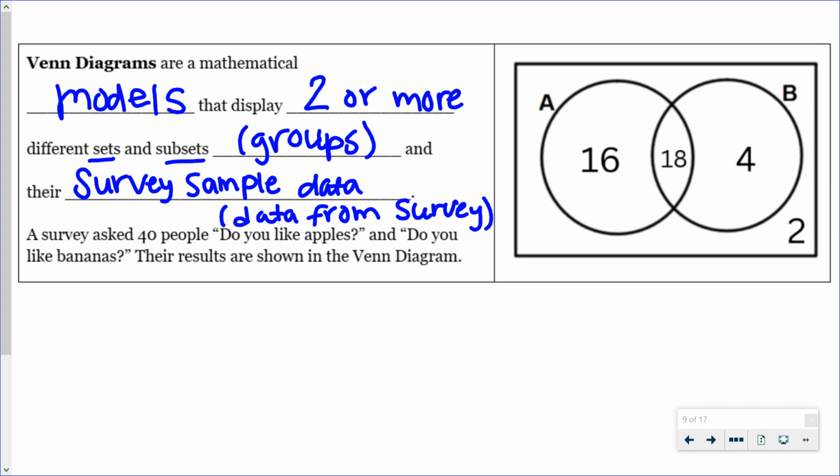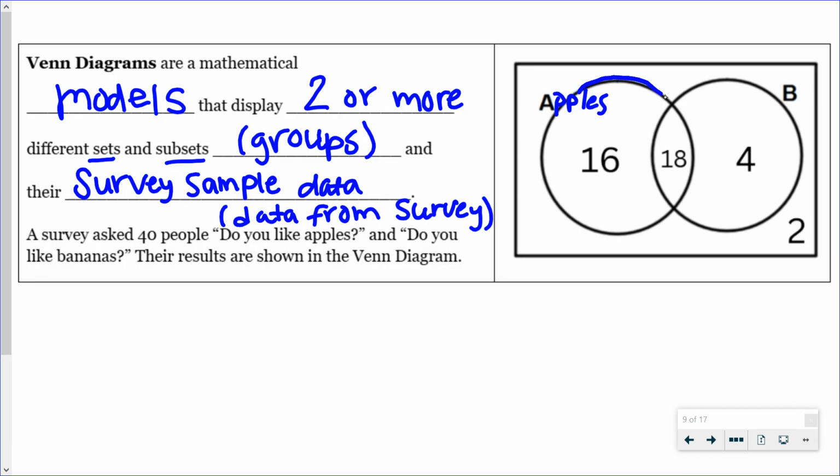Now, sometimes the survey can look more like an experiment, but often it's a question. So the examples we're going to give are using this question. A survey asked 40 people, do you like apples and do you like bananas? Their results are shown in the Venn diagram. So you can imagine the A stands for apples and the B stands for bananas. Those circles indicate everything.